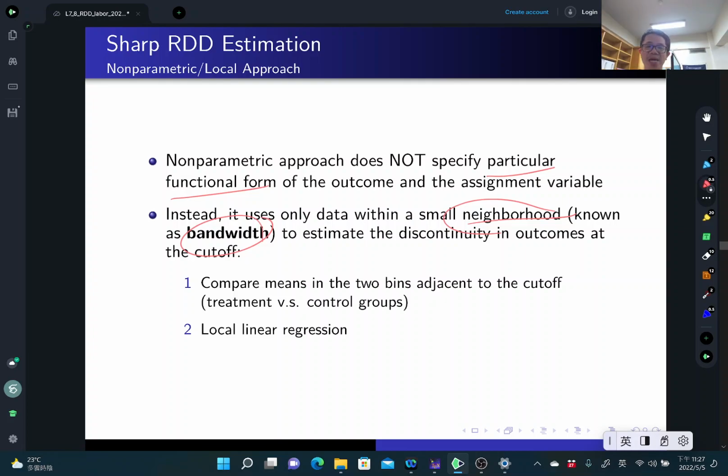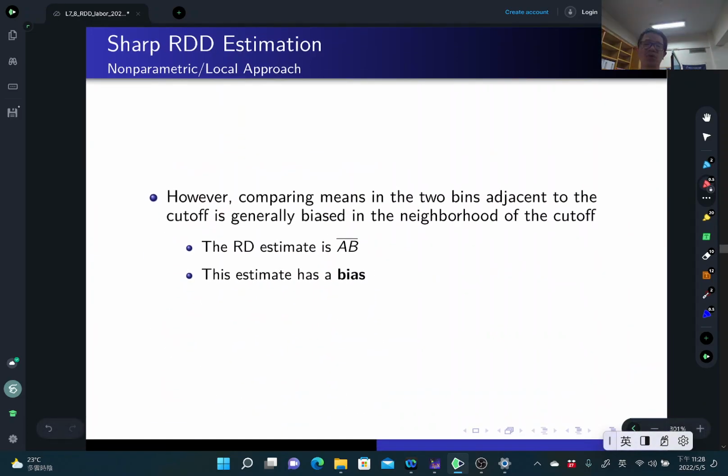So basically, we compare the average outcome just above the cutoff and just below the cutoff, and take the difference. This method is good, but might give you some bias. Further, people will also use so-called local linear regression to further reduce the bias. The bias we might generate is due to the trade-off when we choose the bandwidth.